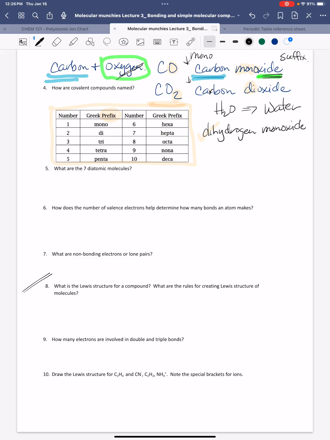That would be how we might name water using these rules, right? The di for the 2, the mono for the 1, dihydrogen monoxide might be a way to name that. You could just as well call it dihydrogen oxide because the mono is optional. Okay, just some information that I have to convey.